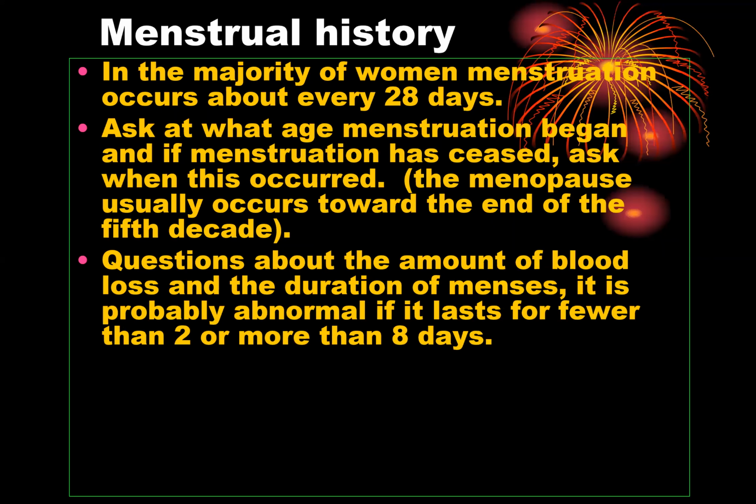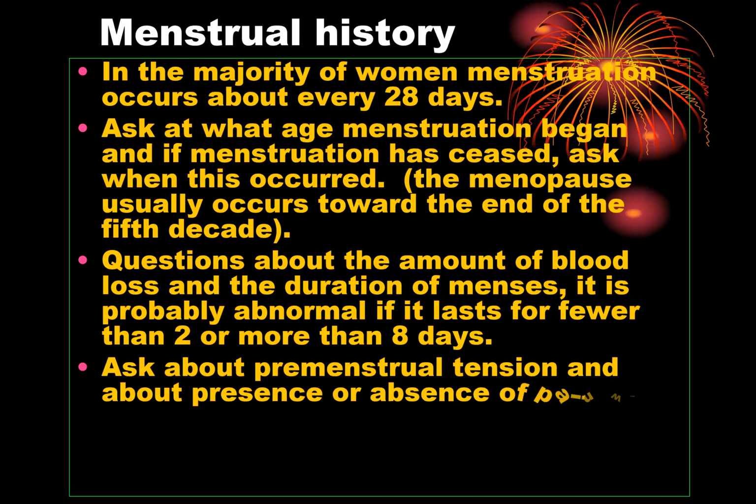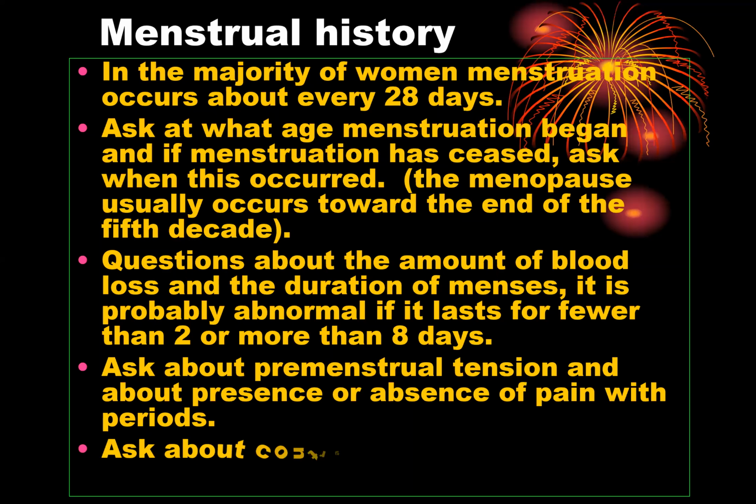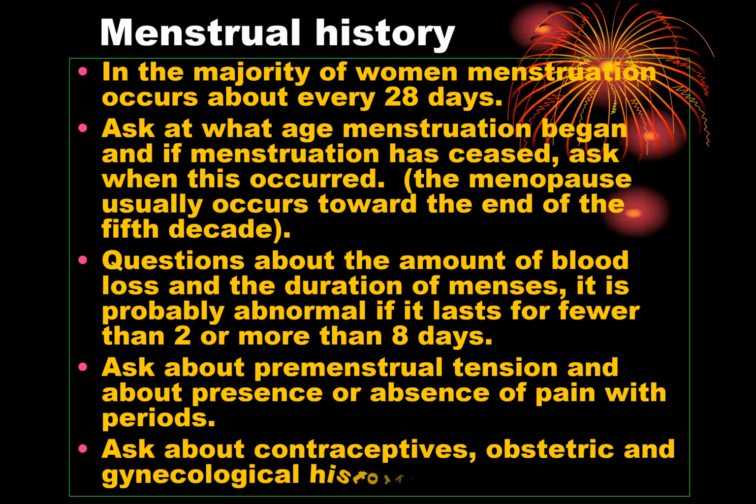It is probably abnormal if it lasts for fewer than 2 or more than 8 days. Ask about premenstrual tension and about presence or absence of pain with periods. Ask about contraceptives, obstetric and gynecological history.